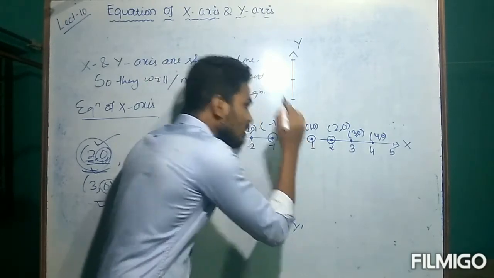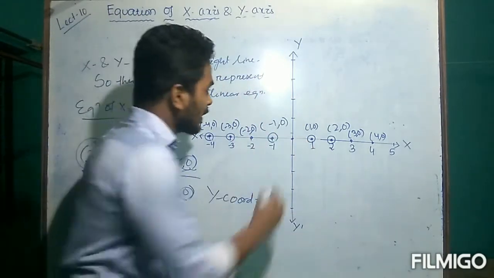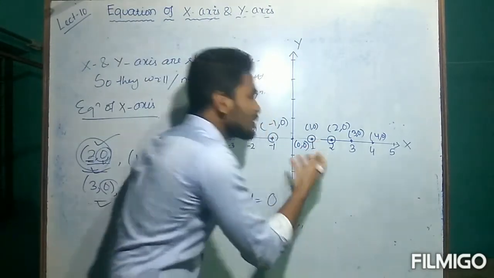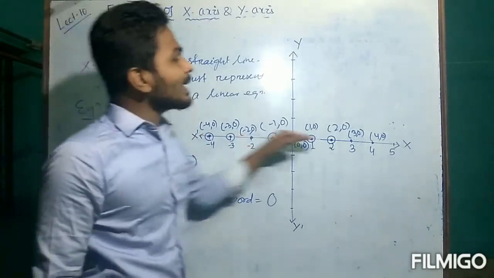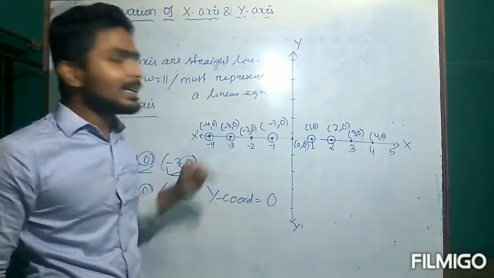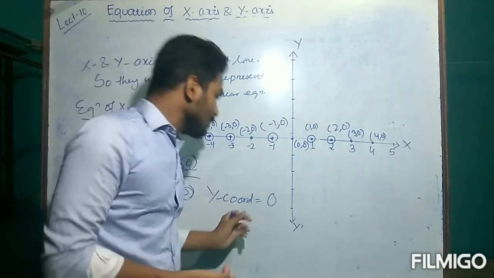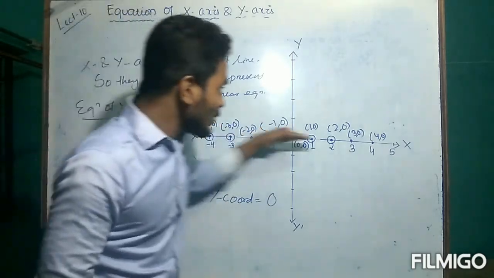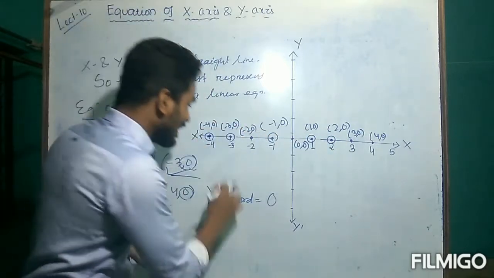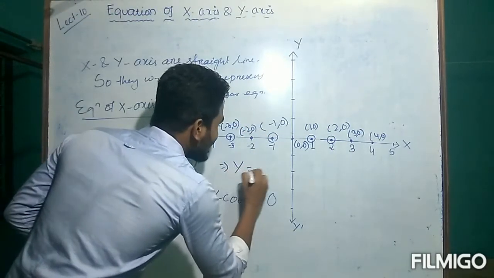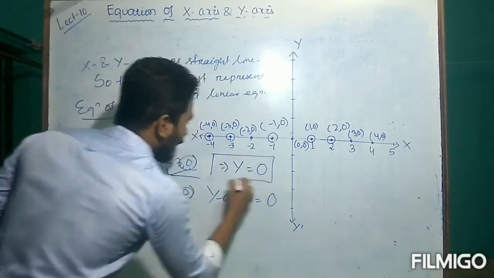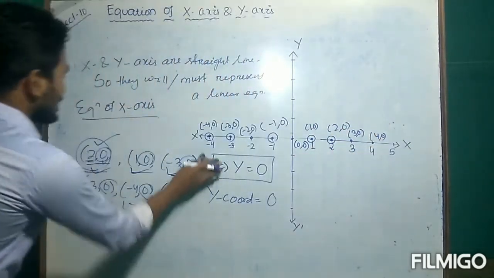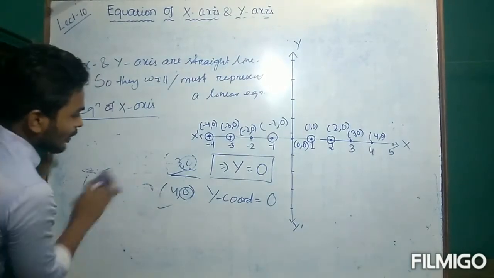If you take a point at the origin, though the x coordinate is 0, you get the y coordinate also 0. So any point representing on the x-axis should give the y coordinate to be 0. Hence, the equation of the x-axis is y is equal to 0. Understood? The equation of the x-axis is y equal to 0. Why?